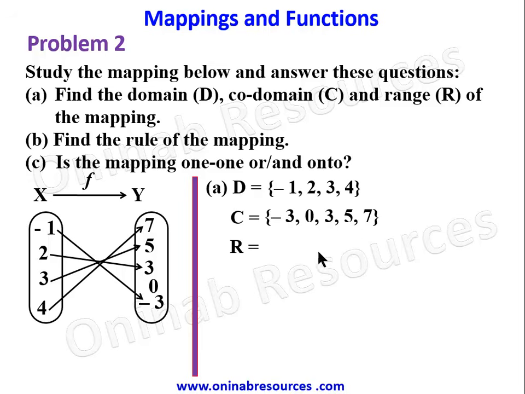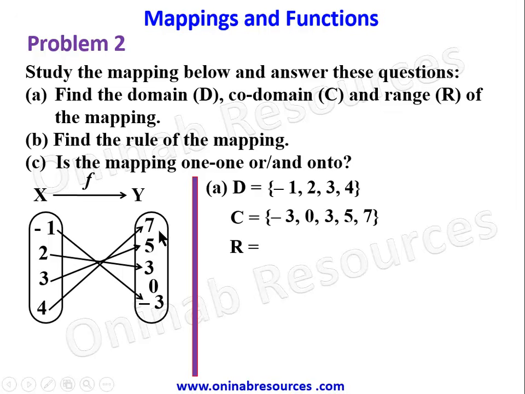Now we said the range is a subset of the codomain, that is, the collection of all the elements in the codomain that are images in the domain. And if you study this very well, 0 is not an image in the domain.